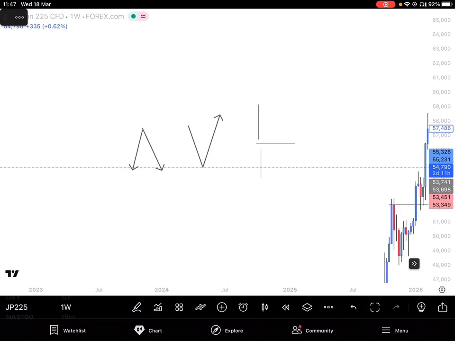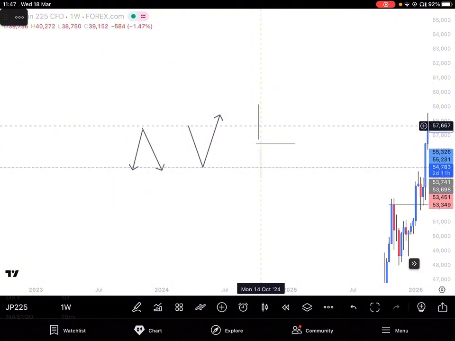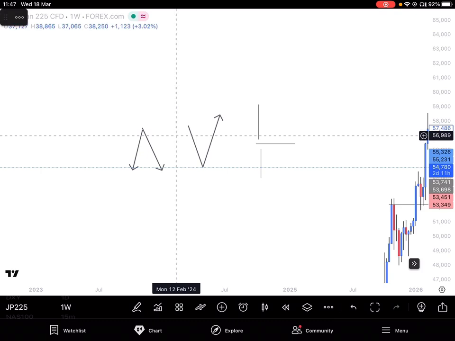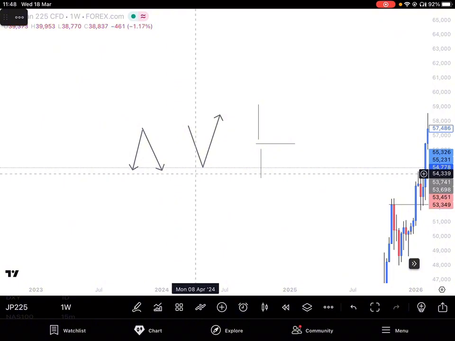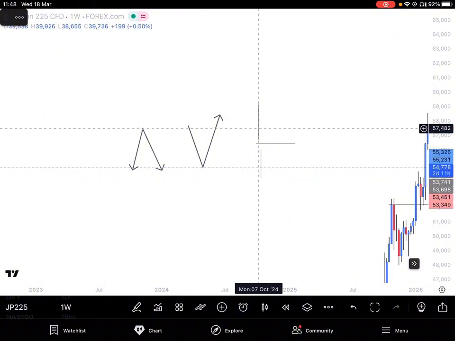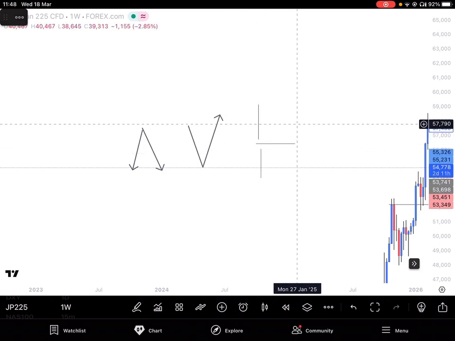So this is the A-shaped key level. You can see this is the letter A, this is the V-shaped key level, and this is open close. Open close you can only see on your candlestick chart, but the A and V shapes you can see clearly on your line chart. Open close is just two consecutive candles, either bullish or bearish.